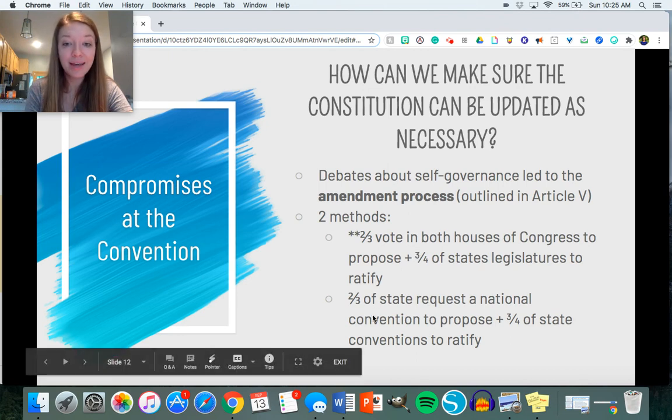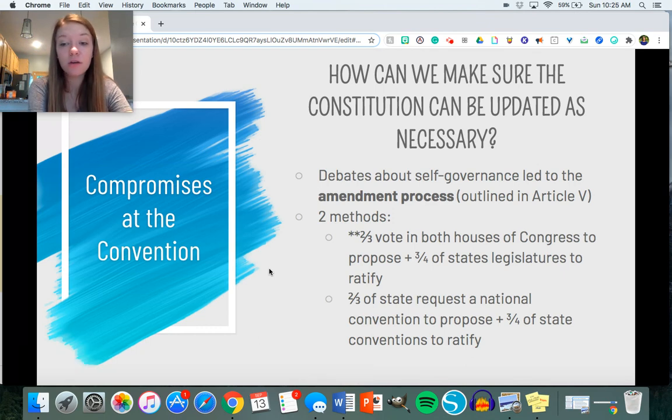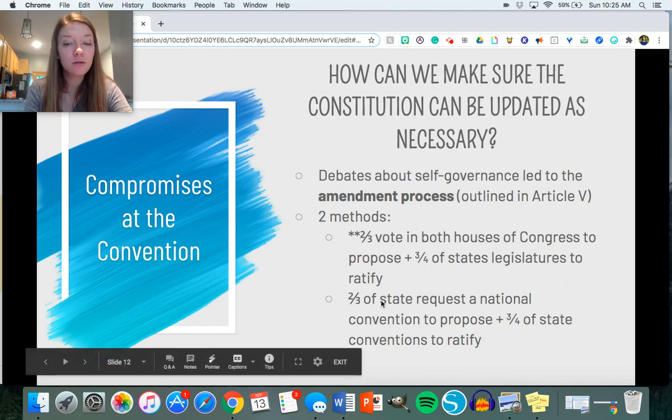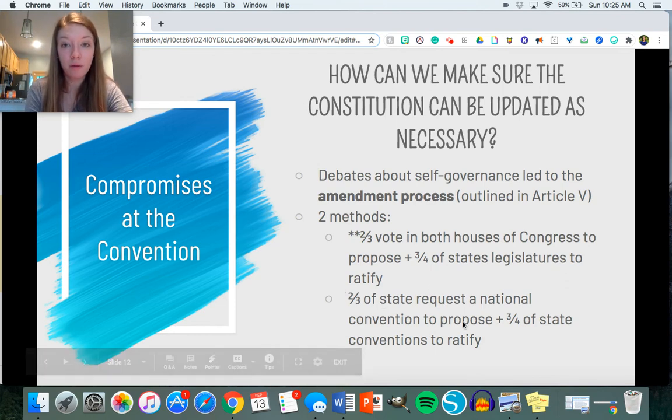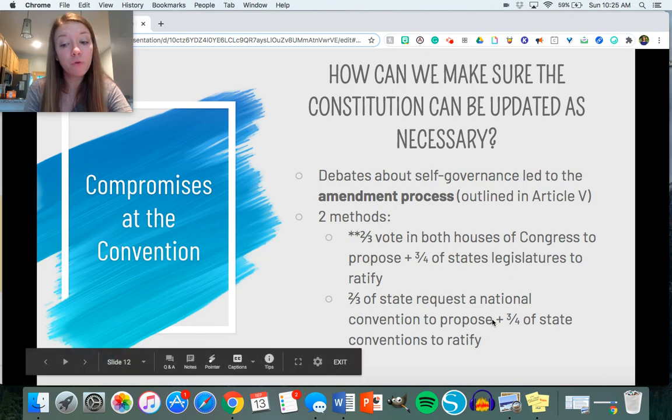That is the most common way. And the second method has only ever been used once. And it's kind of similar, the proportions are the same. So 2/3 of states can request a national convention to propose an amendment. Then 3/4 of state conventions are needed to ratify or approve. This is the least common method.